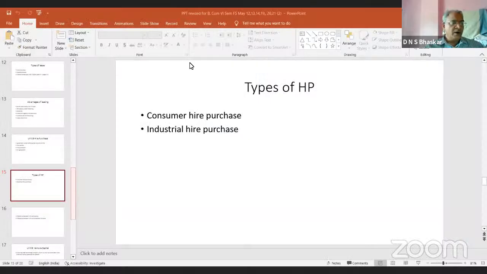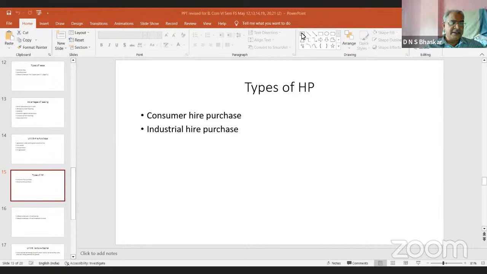One is the consumer hire purchase system, another is the industrial hire purchase system. When we talk about the consumer hire purchase system, the seller will go with the hire purchase system, and the buyer will pay hire rentals every month or quarterly. These consumer goods are the basis of the consumer hire purchase system. Second one, industrial hire purchase system.